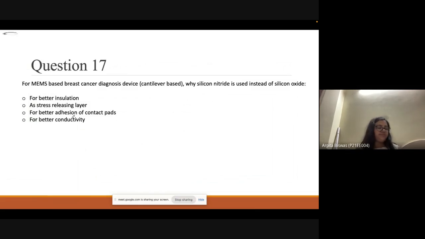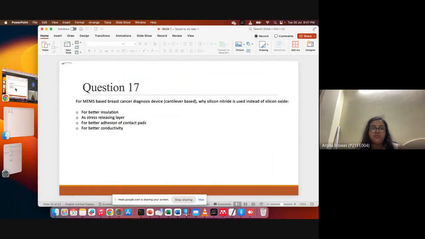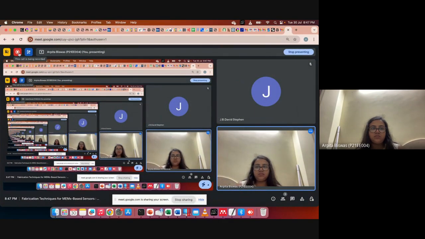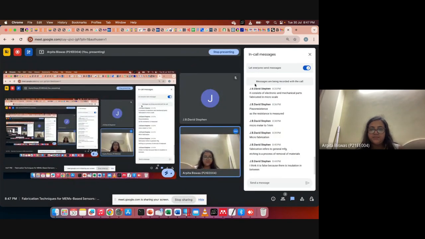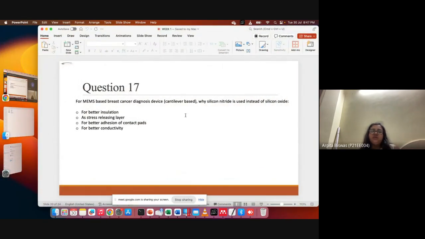The right answer here. MEMS based breast cancer diagnosis device, cantilever based.